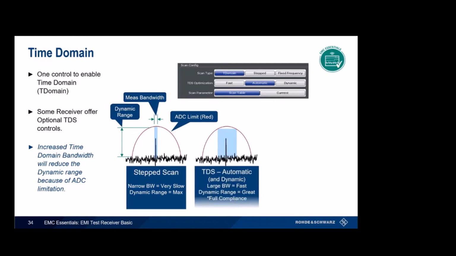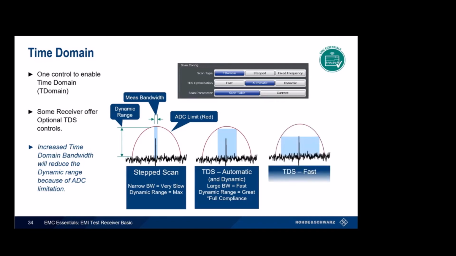Now if we look at a time domain scan, we'll notice that the bandwidth has gotten wider and our dynamic range has gone down, but it has only gone down a little bit because we're still near the top or near the center of the ADC. But if we increase that too far, now our dynamic range starts to drop significantly to the point that we don't have enough dynamic range to even measure the emission in this spot.